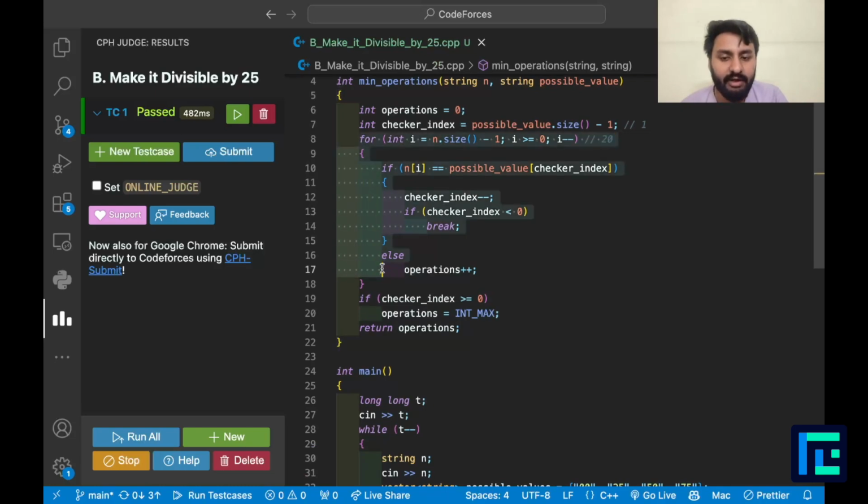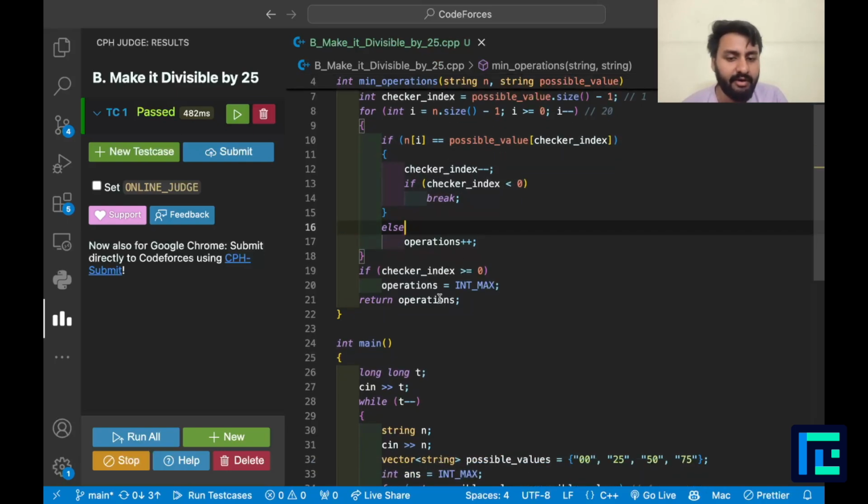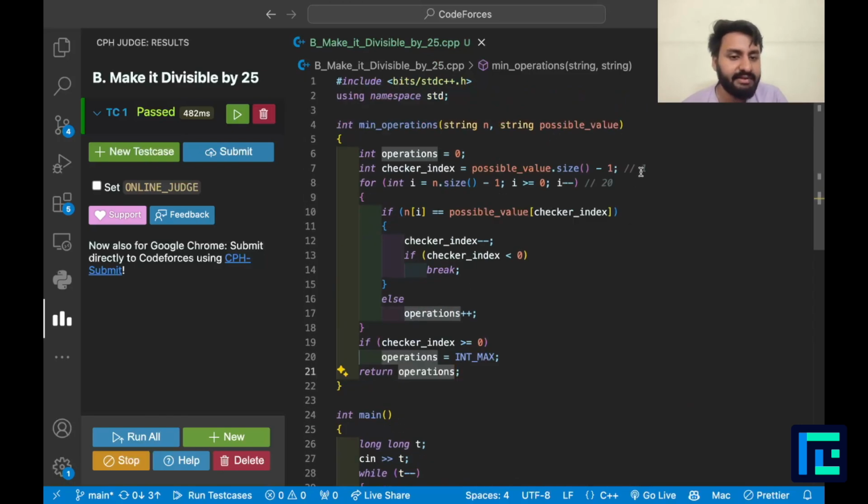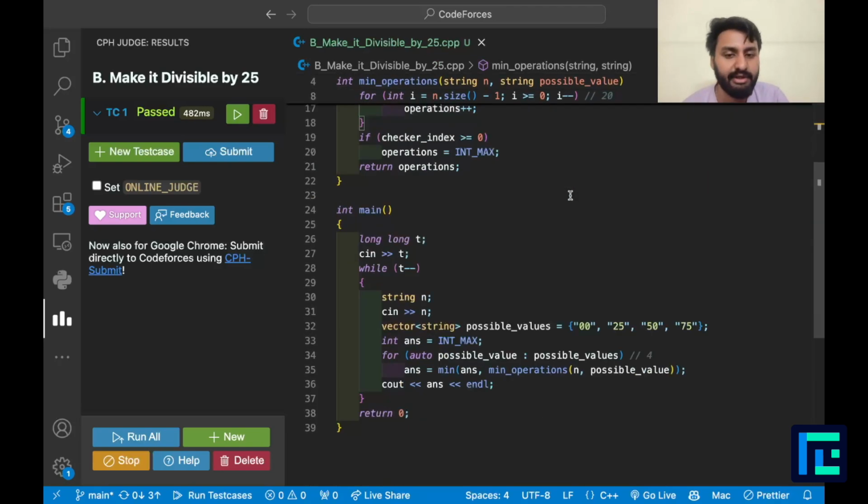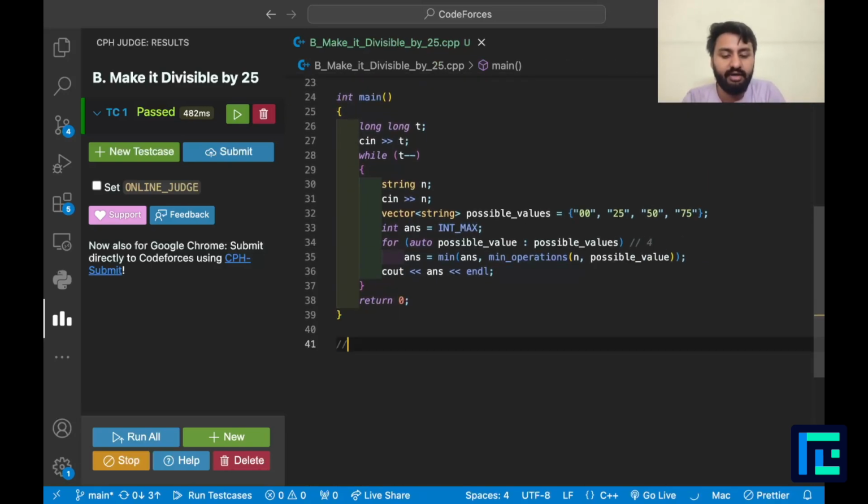And this is what is going to happen in this for loop only, because otherwise all I am doing is simple, constant operations inside it, and then I'm returning the operations. So this happens 4 times, and inside that, every time you make a call, I'm running a maximum of 20 operations. Roughly, for the time complexity, I'm running 4 into 20, which means something like O of 80 operations, right?